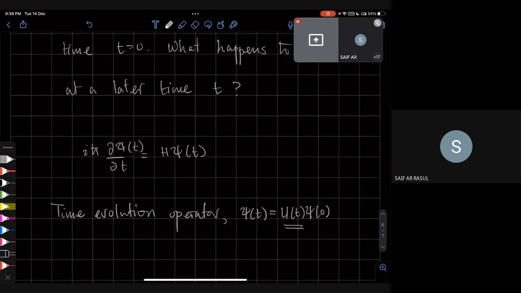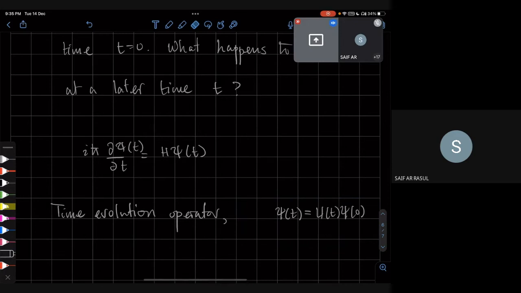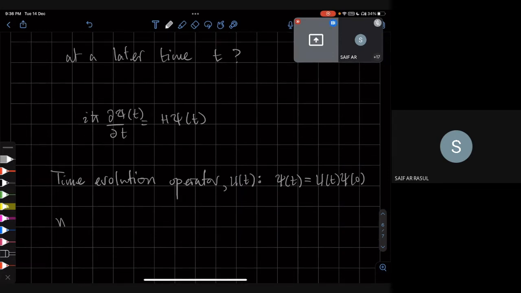Let me write this. The time evolution operator U of t does this. Okay, so we assume that our Hamiltonian H is time independent.